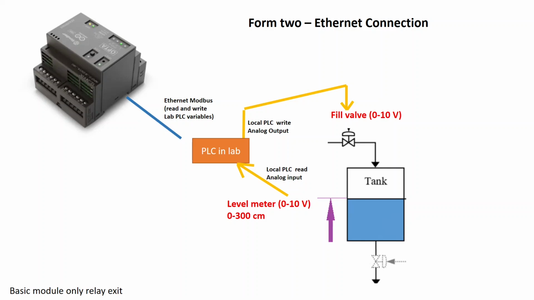And then we interact with this PLC in the lab through Ethernet Modbus. For that I've done a couple of videos telling how to do this. In practice it's very similar to working normally with the Opta. It's just variables created elsewhere that you can then relay in real time.